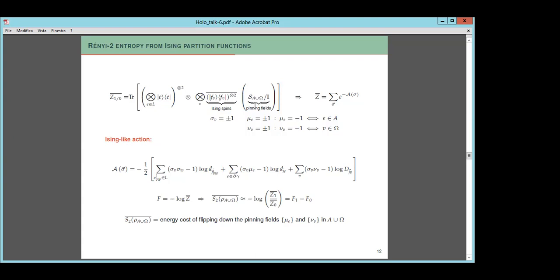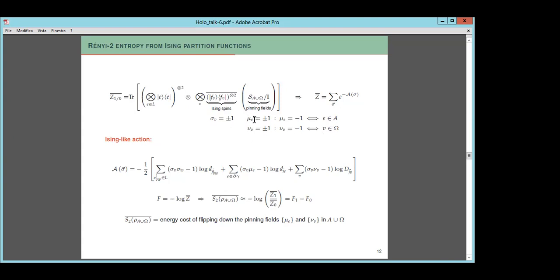And from the swapping operators, we instead have the so-called pinning fields, also spins. So a set of spins for the boundary, which take value -1 only if the edge is in the region A we are probing, and the bulk spins, which take value -1 only if the corresponding vertex is in the region omega we are looking at.